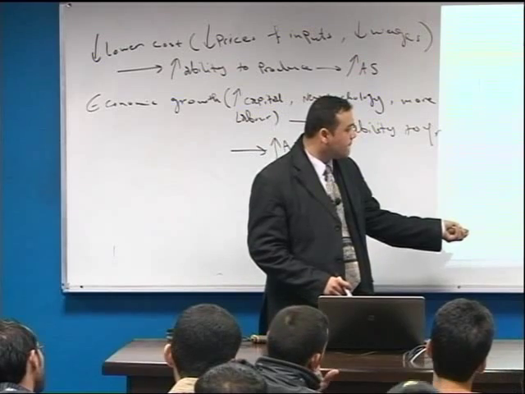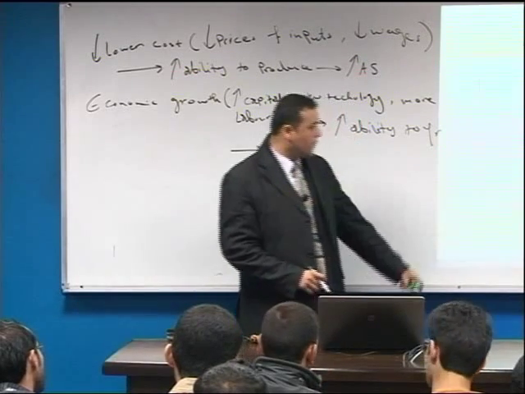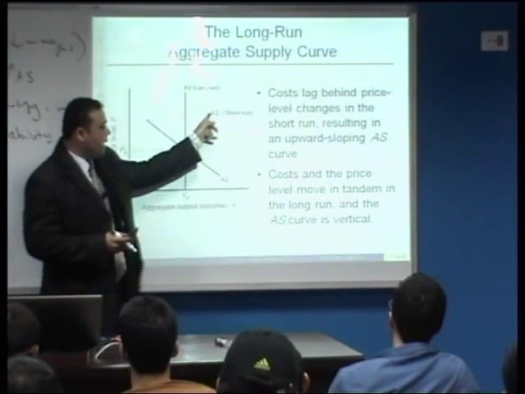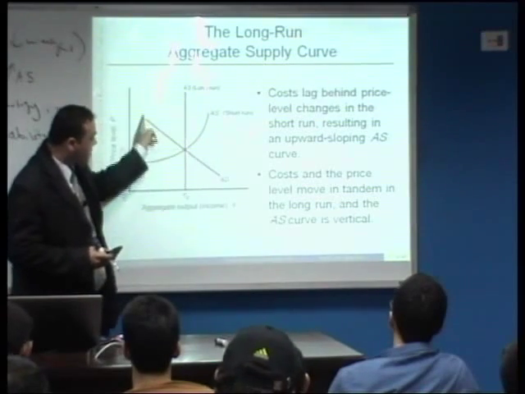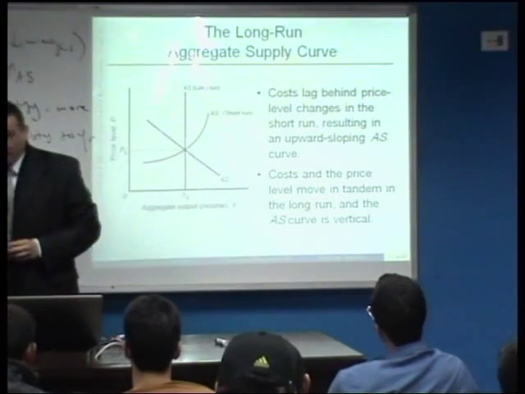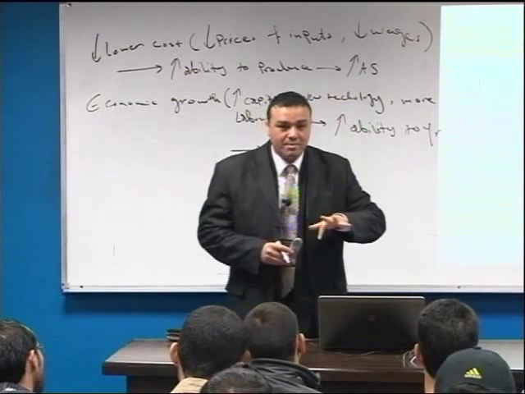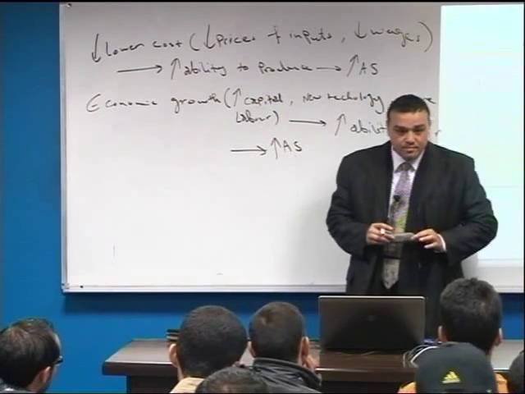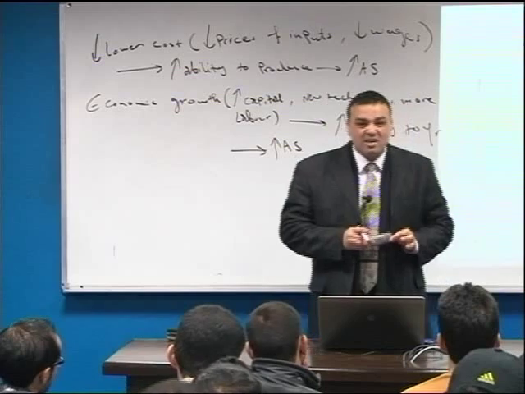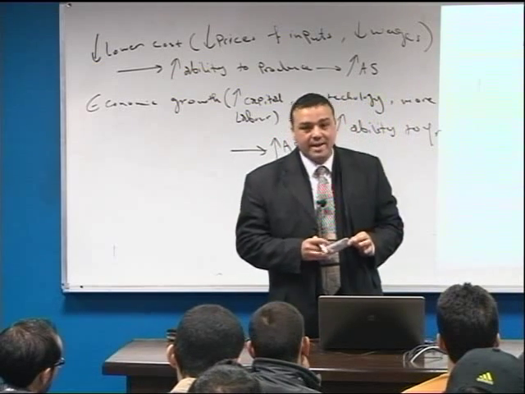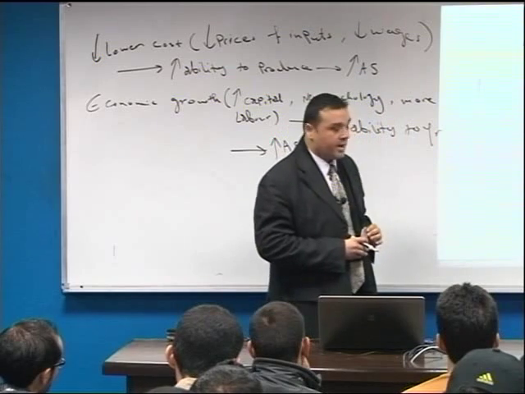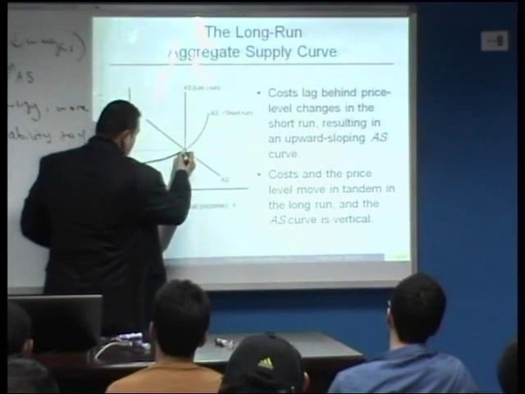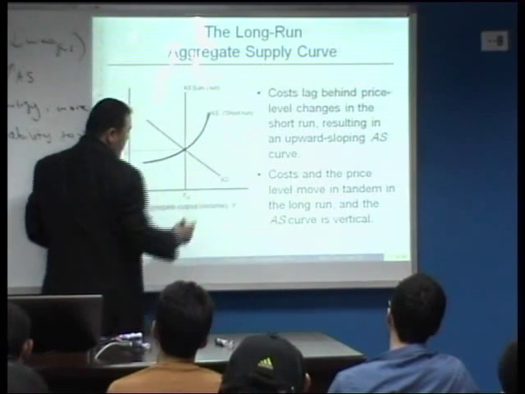In this diagram you can see the short run aggregate supply curve and the long run aggregate supply curve, and this is the aggregate demand. Now the aggregate demand curve intersects with what? With the short run aggregate supply and the long run aggregate supply.